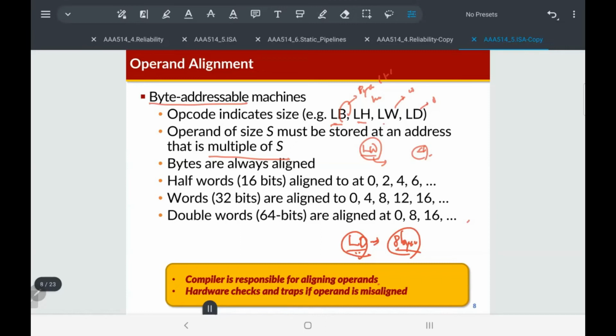But RISC-V supports unaligned memory accesses, so hardware needs to support some data transfers for unaligned addresses.